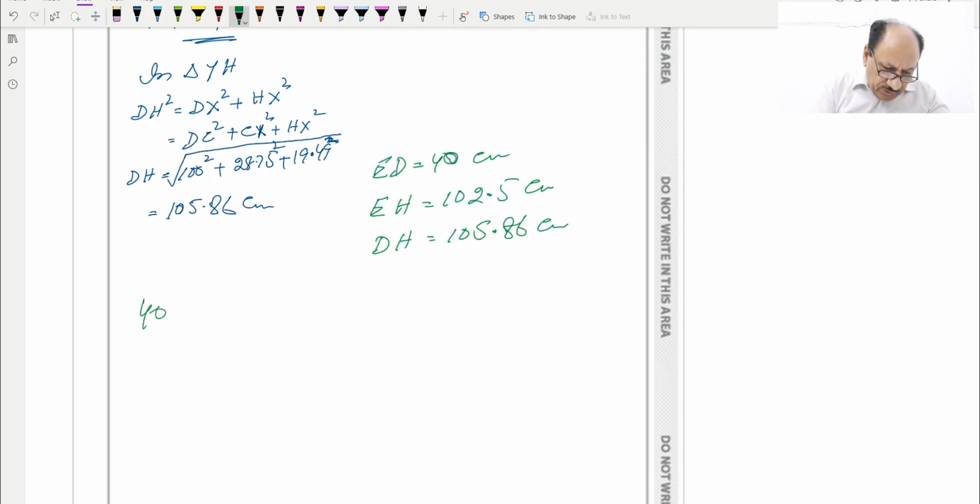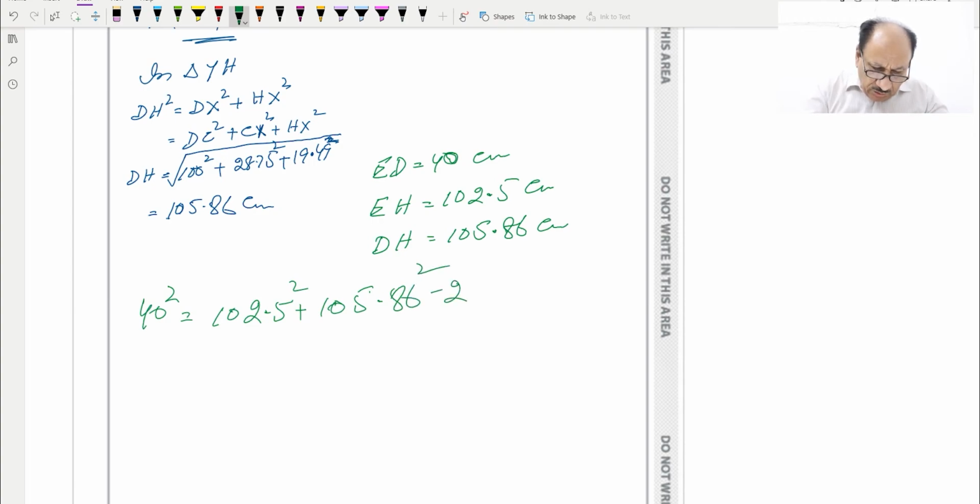So 40, which is opposite to the angle, 40 square, which is ED square, is equal to 102.5 square plus 105.86 square, minus 2 into one side and into the other side, 102.5 and 105.86, and cosine of angle EHD.